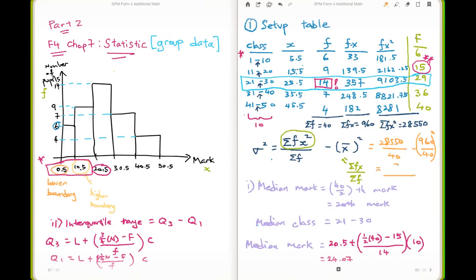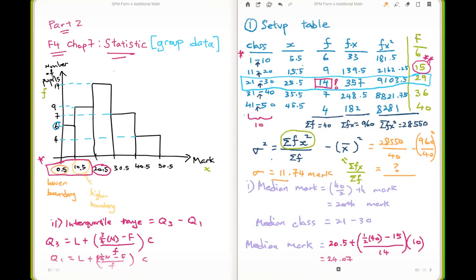Maybe I'll let you calculate from your side, kind of interaction. Hope you get the answer right. And then in the event they ask for standard deviation, the standard deviation will be the square root of this number. That will be 11.74 marks.